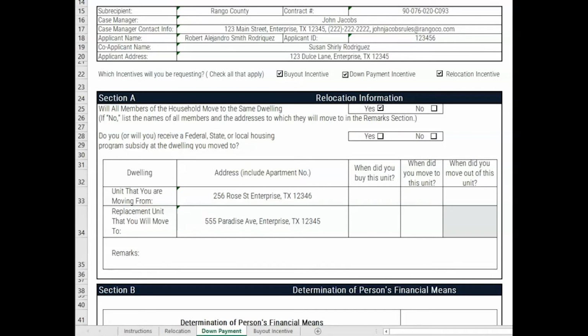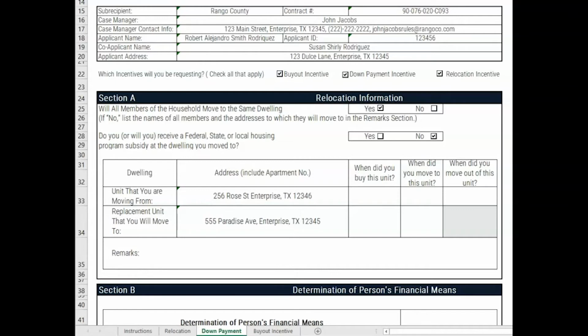If household members will move to different dwellings, applicants should list the names of all household members and the addresses they will move to in Excel row 35. If all of the household members and addresses do not fit in the cell provided, applicants should attach a document titled Remarks, where they will include additional information that didn't fit into the cell. Then the applicant should check yes or no for whether they do or will receive a program subsidy at the dwelling they are moving to.